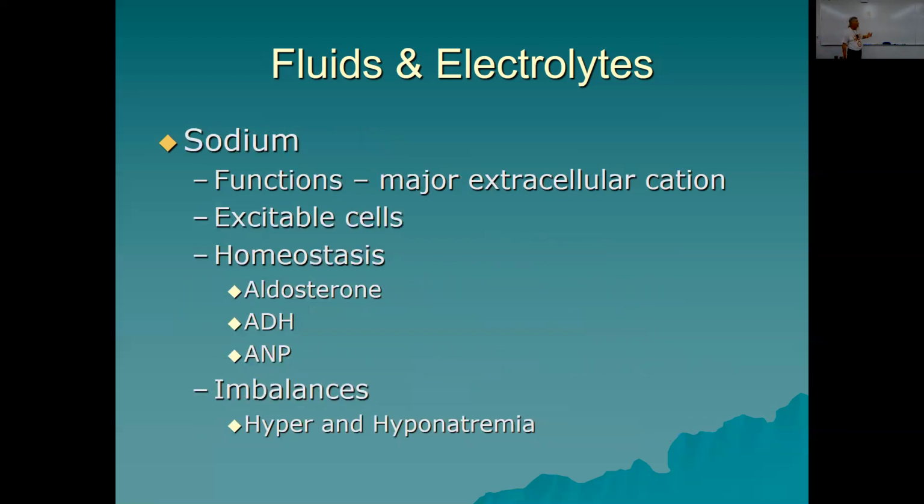We're going to look at some of the electrolytes and talk about their physiological role and what happens when they get out of balance. So sodium is the major extracellular cation. It's really important in excitable cells. Remember, it's sodium rushing into cells that is responsible for the rising phase of action potentials in nerves. How do you regulate sodium?